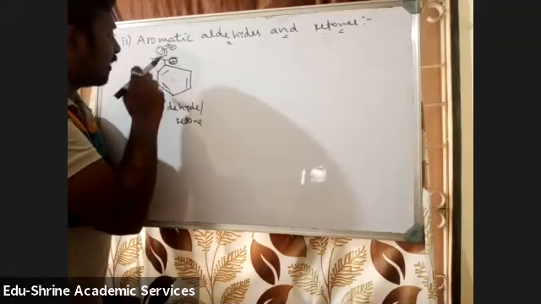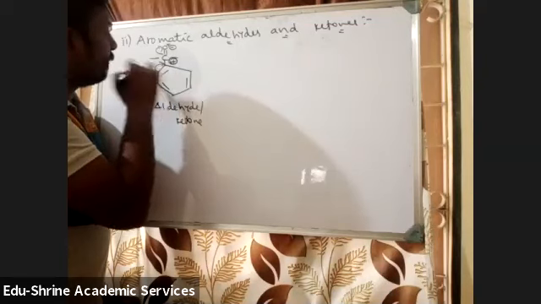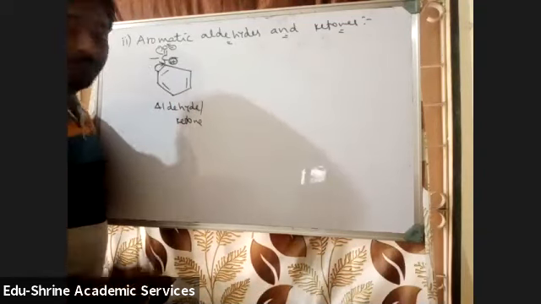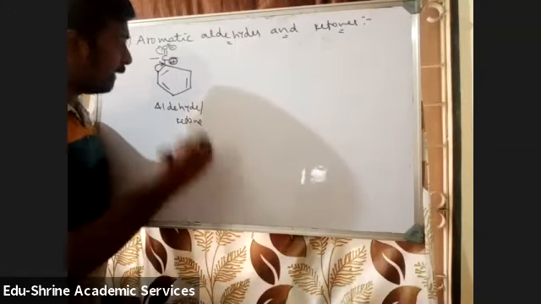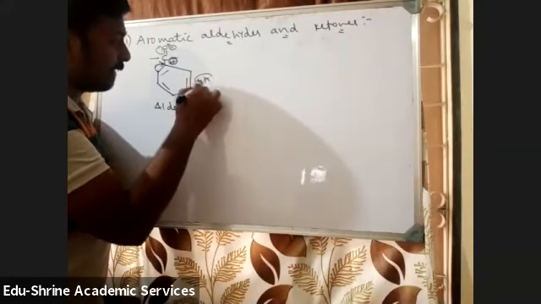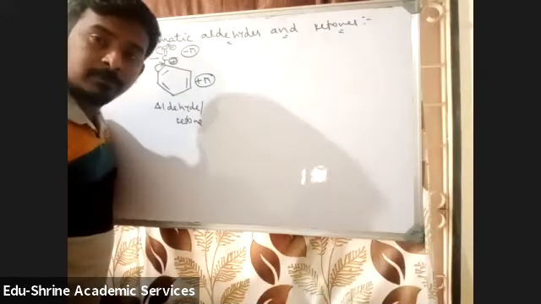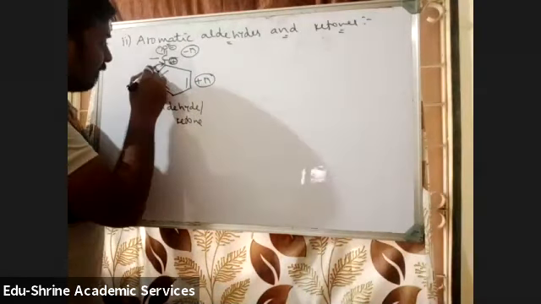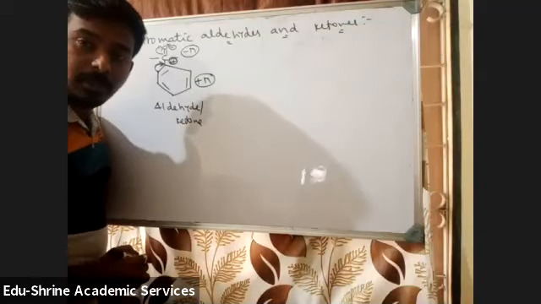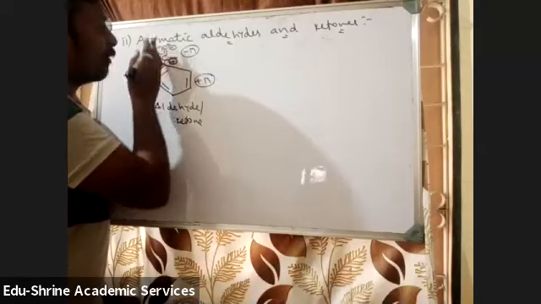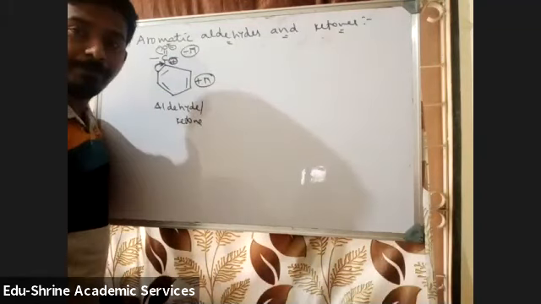This positive charge on carbon is stabilized through the pi electrons from the benzene ring. That means benzene is acting as a plus M group and the C double bond O group is acting as a minus M group. Correct or wrong? Because benzene is giving electrons to this conjugated system, it is a plus M group. This is taking electrons from benzene, so this is a minus M group.